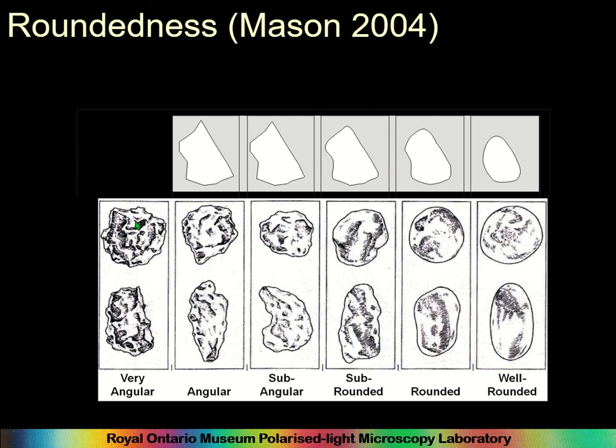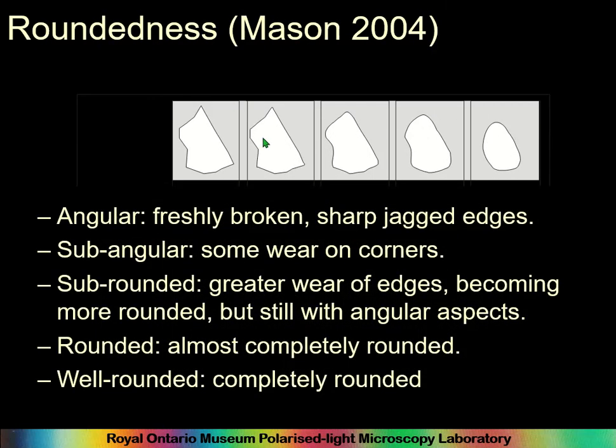I'm not entirely sure what very angular can be. I mean, angular is angular, and I'm sure it has meaning to sedimentologists looking at grains, but it doesn't work very well for me. So what I use is that basically you have angular things, which are very angular. It's freshly broken right out of the rock.